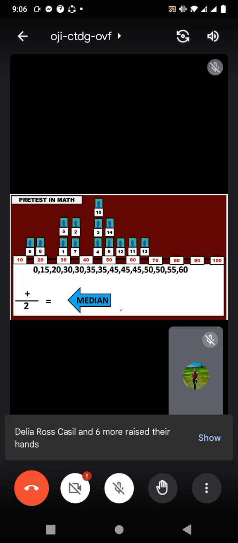Nag-change ng zero, sir. Isa ang na-change og zero? Nadugangan, sir. Anong nadugangan og zero? Isa pa lang nawala. 65. Okay, take note.